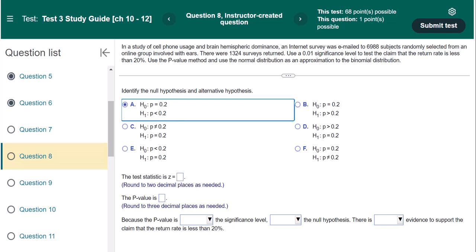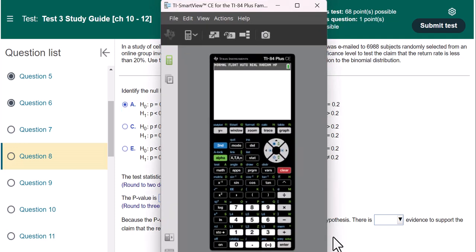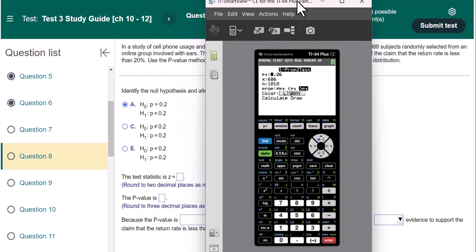So I'm going to show you how to use a calculator to do this. You just go to stat and you go to tests and you go to proportion test. Oops, sorry. So stat again, tests, one proportion Z test. That's the test for the proportion. Okay, what is the value that we're testing against?